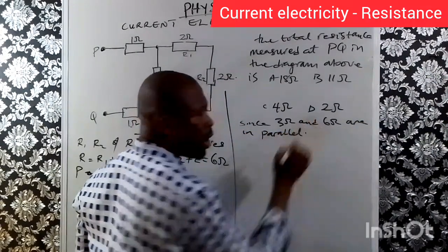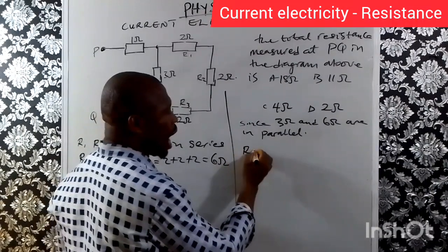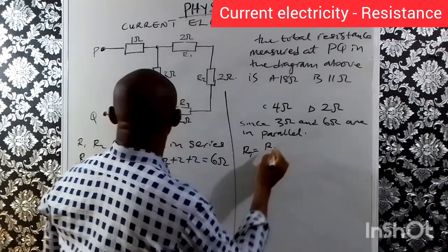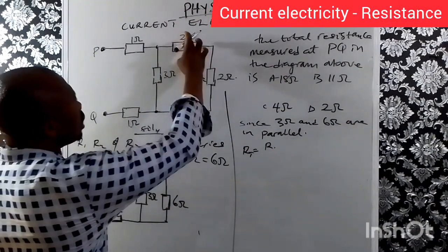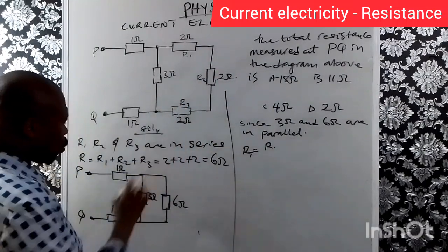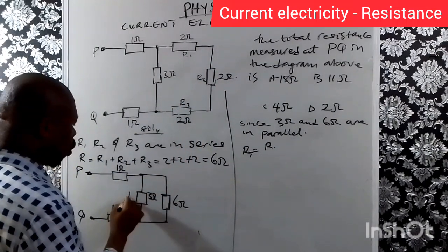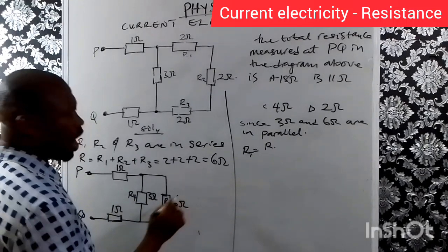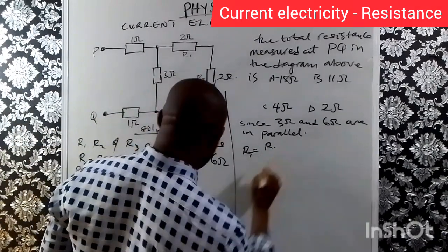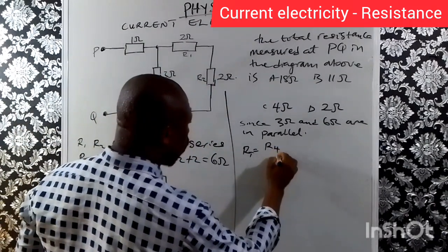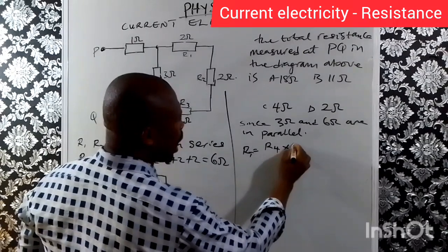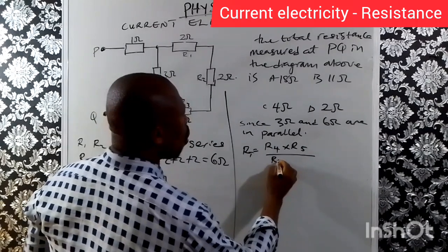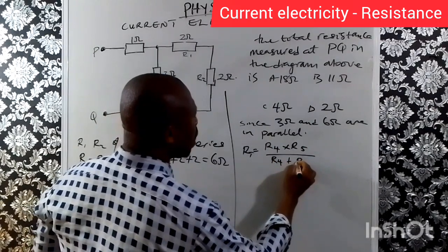Since they are in parallel, we can say R total is equal to, since here is R1, R2, R3, we can say here is R4, and here we can call this one R5. So we have R4 multiplied by R5 all over R4 plus R5.